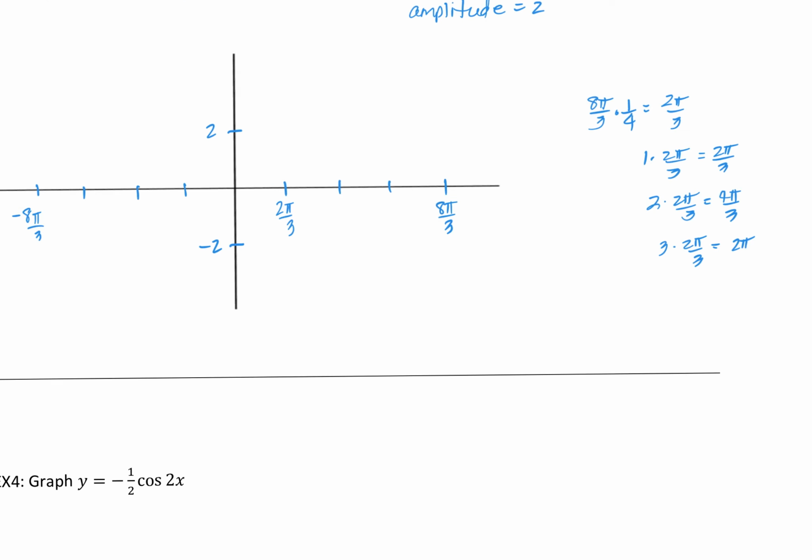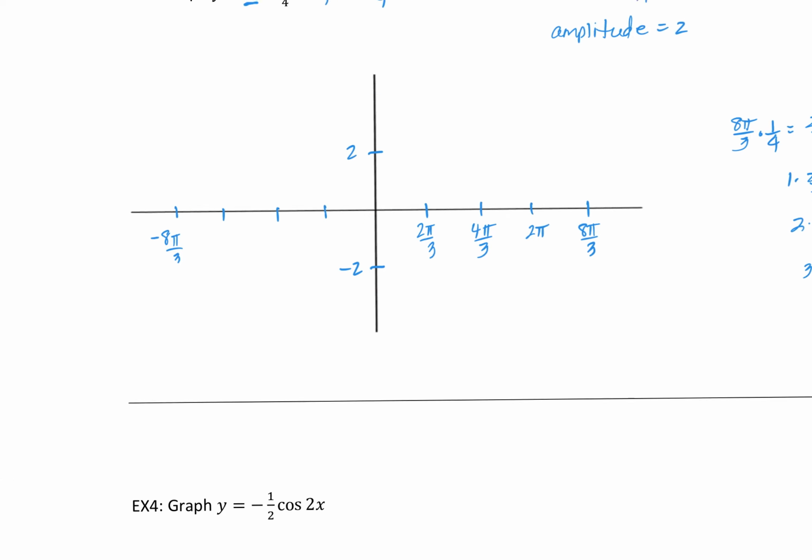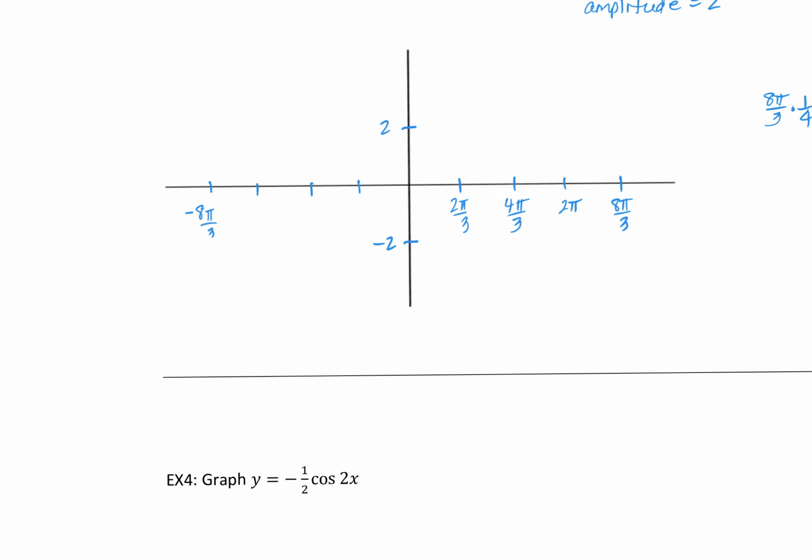So the label on my axis is going to be 2 pi over 3, 4 pi over 3, 6 pi over 3, which becomes 2 pi, and then the 8 pi over 3. The negative values are going to be mirrored. So negative 2 pi over 3, negative 4 pi over 3, negative 2 pi.